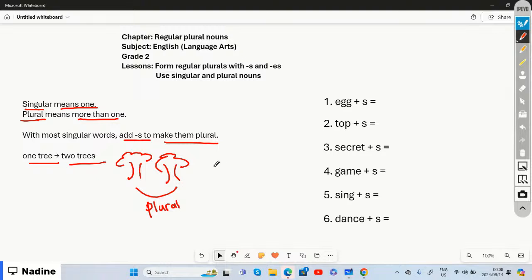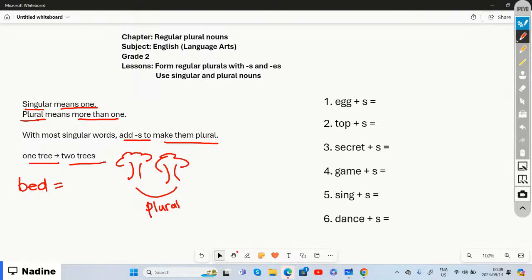All right. If we think of one bed, if we add an S to the word bed, what word are we going to get? We have one bed, but we have two what?